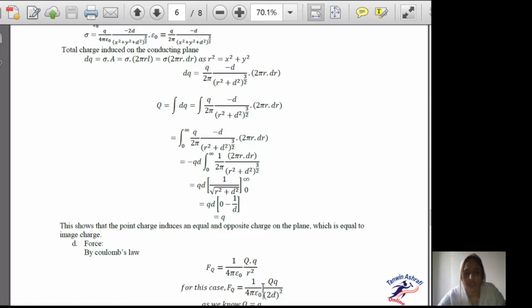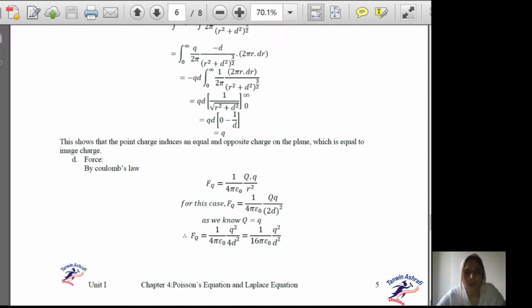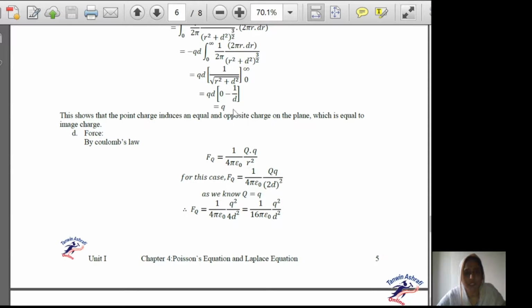For this case, R square is nothing but the distance between these two charges, the imaginary charge and the original charge. Therefore, it is QQ divided by (2d) square. Now capital Q, as we already know, is nothing but the small q, so we can write Q square, and we will find the force equation like this.